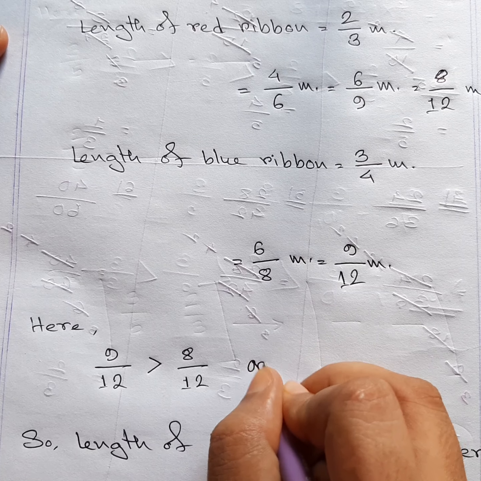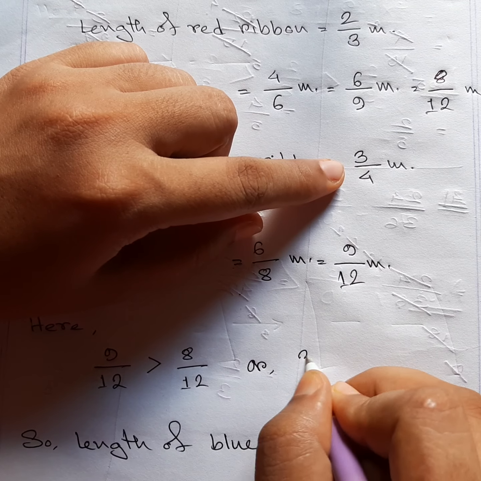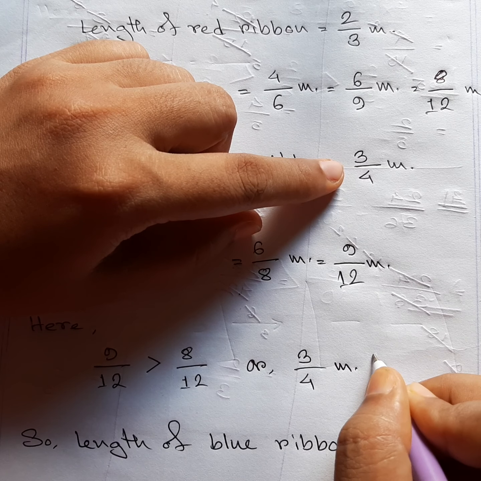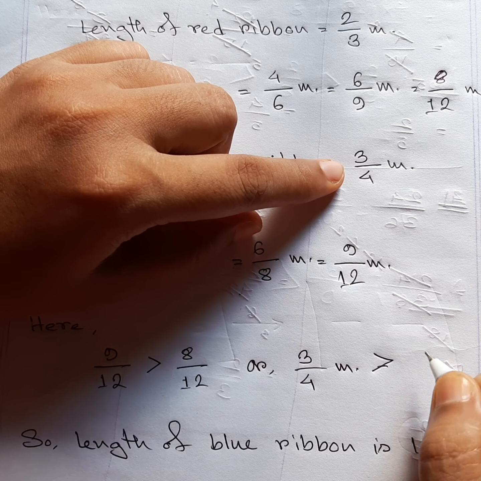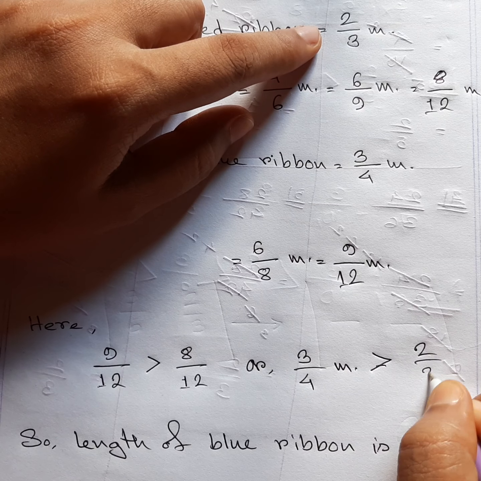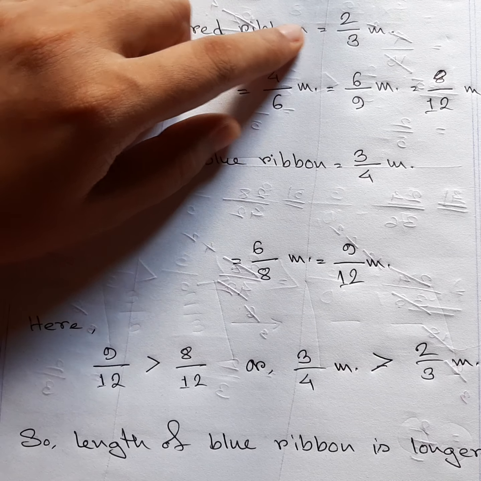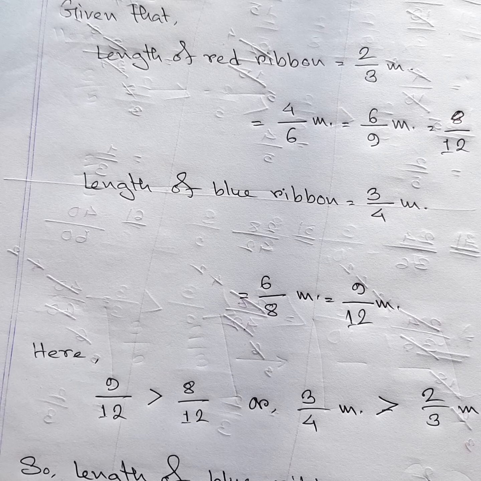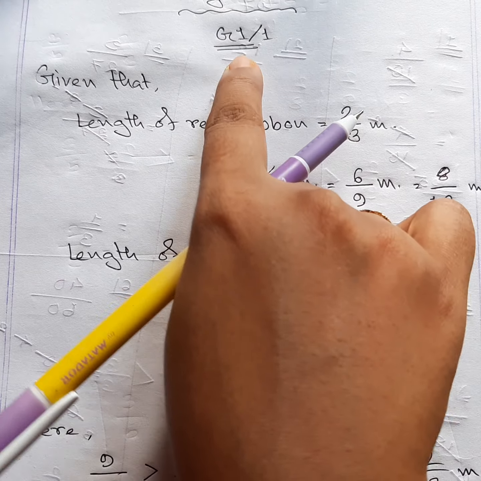So we can say 3 by 4 meter is longer than 2 by 3 meter. Your math is done. Okay, this one is done.